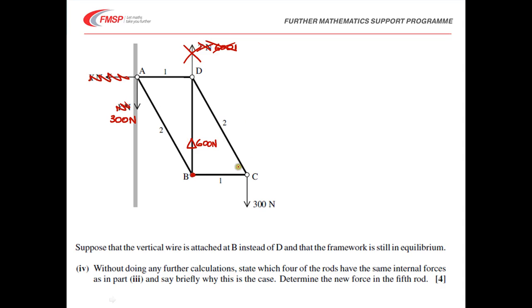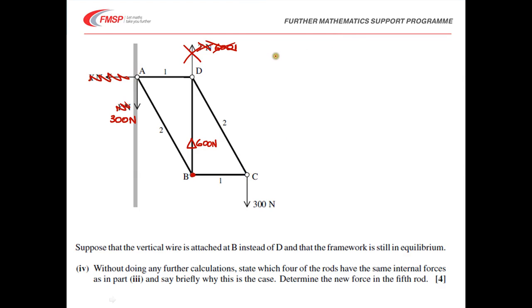So how do we decide what's changed and what hasn't in this particular case? Well, if you take a look at any of the pin joints on the outside here, you can see here at A, nothing's changed. The same results apply right the way through in terms of external forces. So the equilibrium statements for A and C are identical because the external forces are still identical.